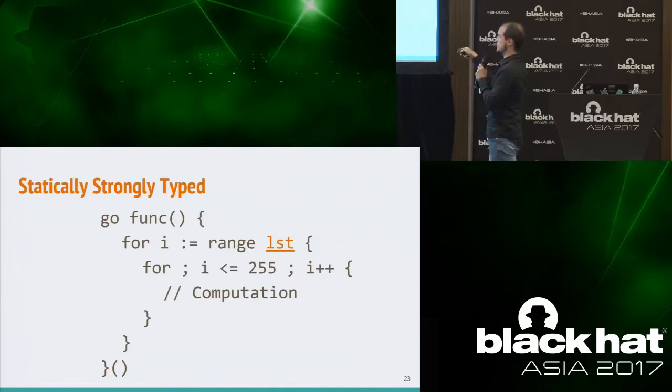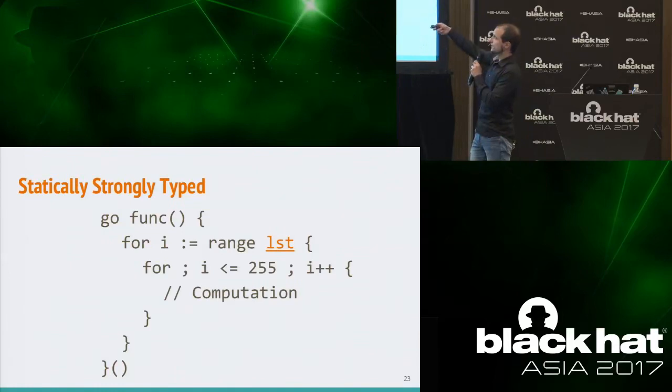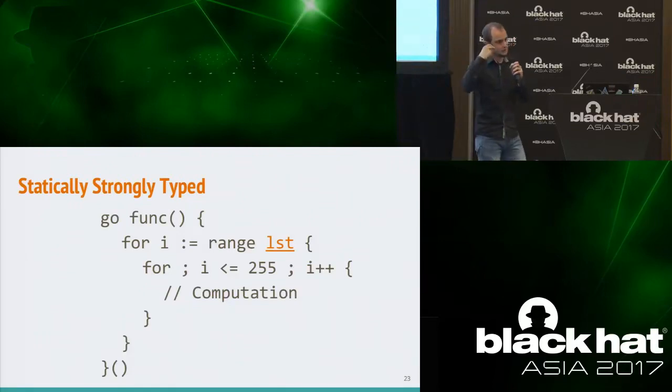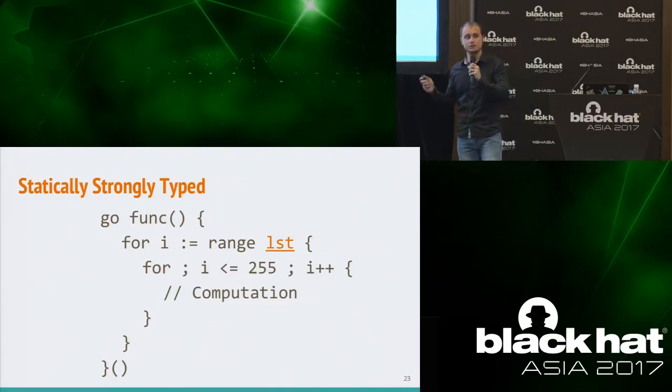has the colon-equal operator that allows you to say this variable is going to be of the type of the single element of this collection. So it allows you to write code faster, without having to care about typing, which is terrible, because once in all the code, they were passing a list of bytes to this Go routine.